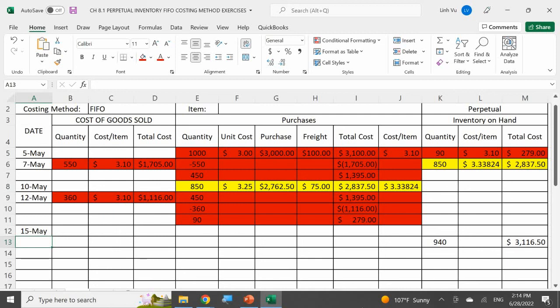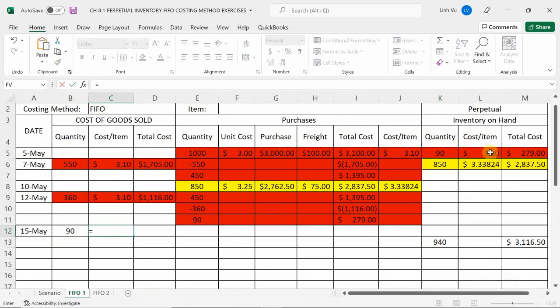Leaving me at 940, I surely have enough to cover all 600 units. However, looking at the batches of inventory, I only have 90 left in my red. So that means I need to split my batches here, because I have 90 units in my red.